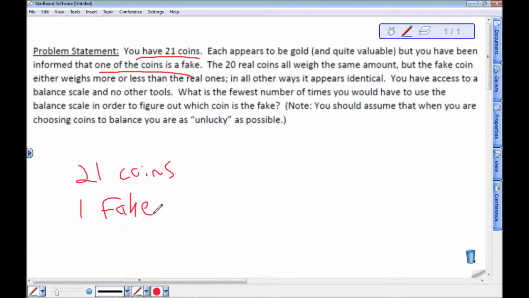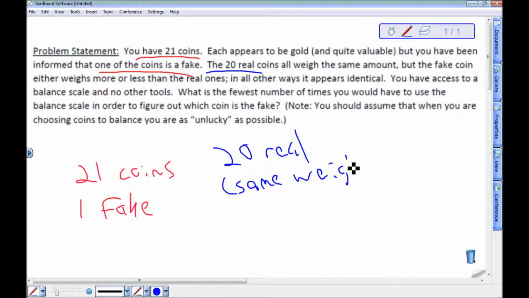The 20 real coins all weigh the same, so 20 real, and these are all the same weight. But the fake coin either weighs more or less than the real ones. So more or less weight.